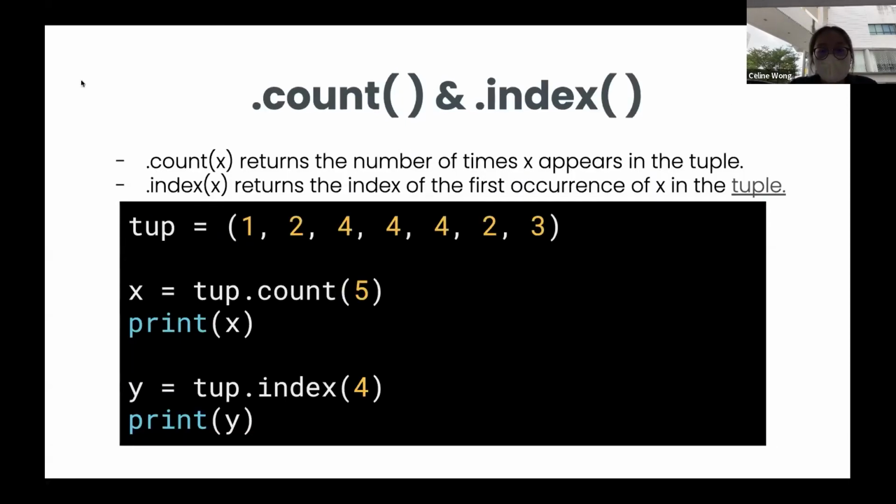So what methods can we use with a tuple? The .count and .index methods can be applied on a tuple, and very simple, the .count method returns the number of times a certain element appears inside the tuple. And the .index method returns the index of the first occurrence of a certain element inside the tuple.